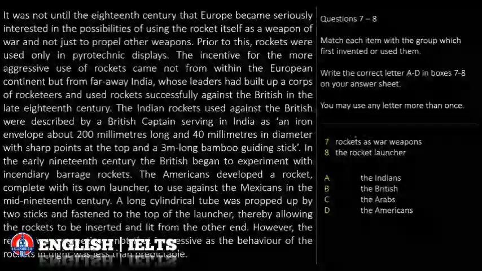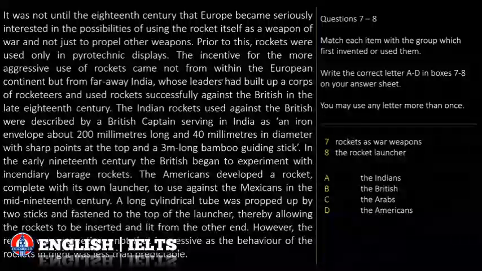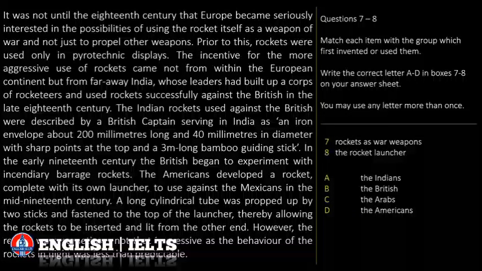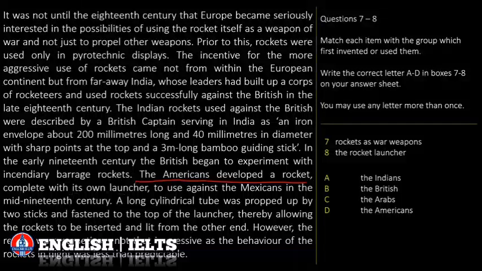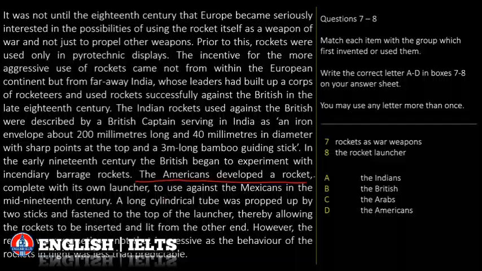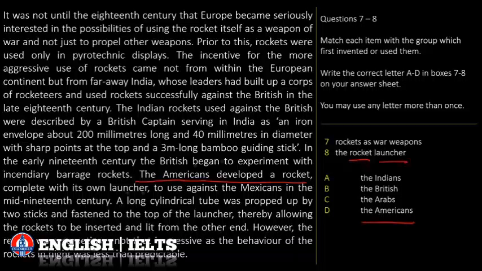Now, if you look here, you were lucky with the first part, right? Next part, this is a phrase: Americans developed a rocket, complete with its own launcher. In this part we are lucky, because we are getting rocket and launcher and Americans in a single part, but in different phrases.